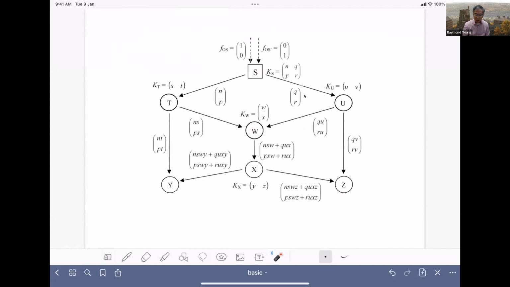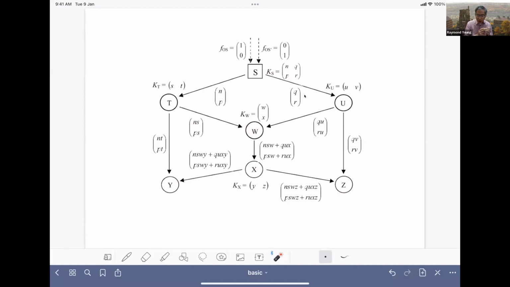These are edge-disjoint paths. And this node also has max flow equal to 2 because of this one. And here, same thing. It's one path and another path. So we only need to design the network code such that node W, node Y, and node Z can recover the message.